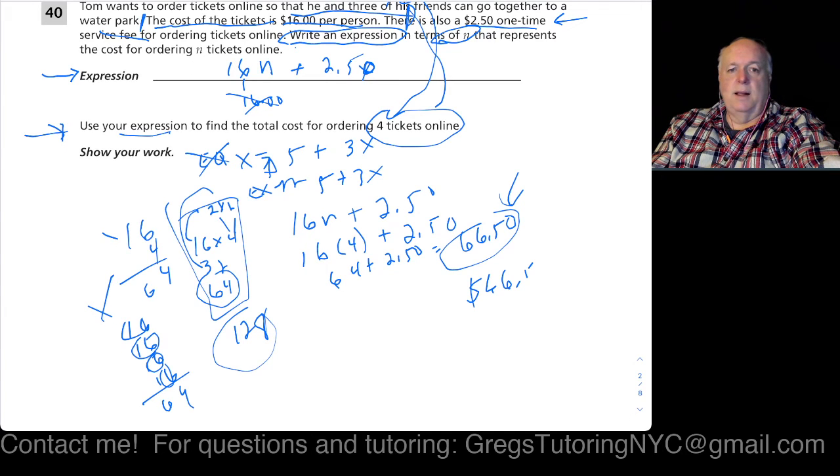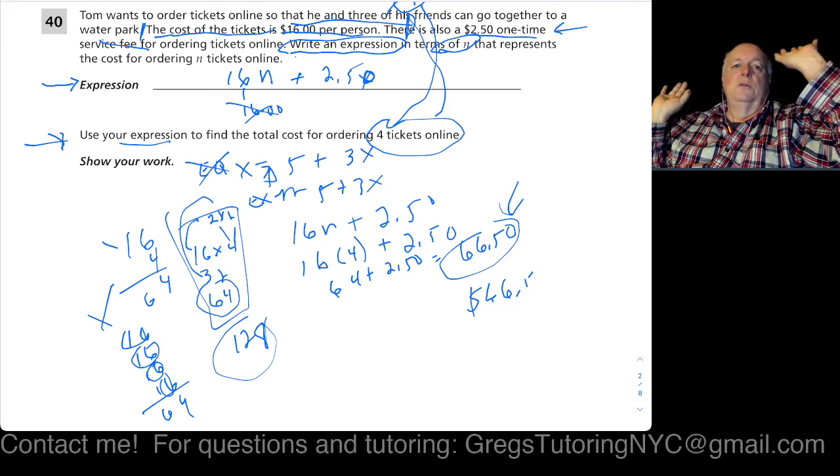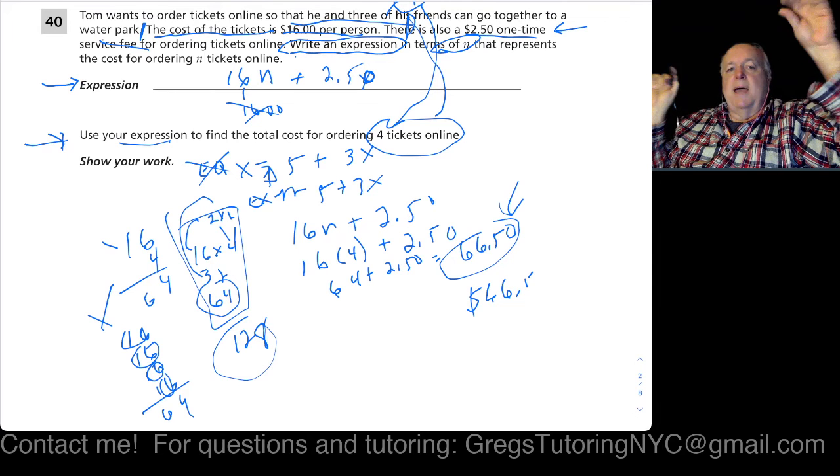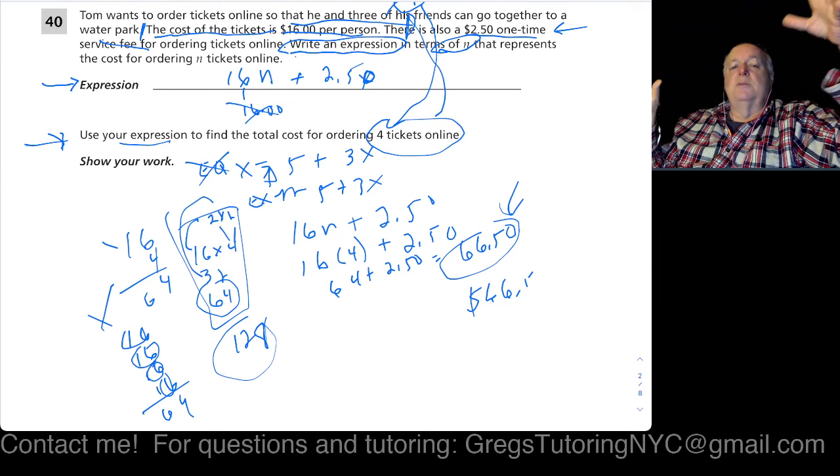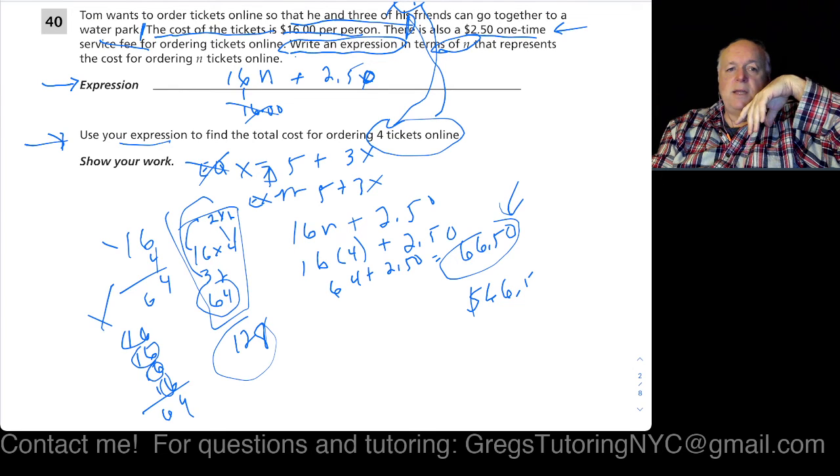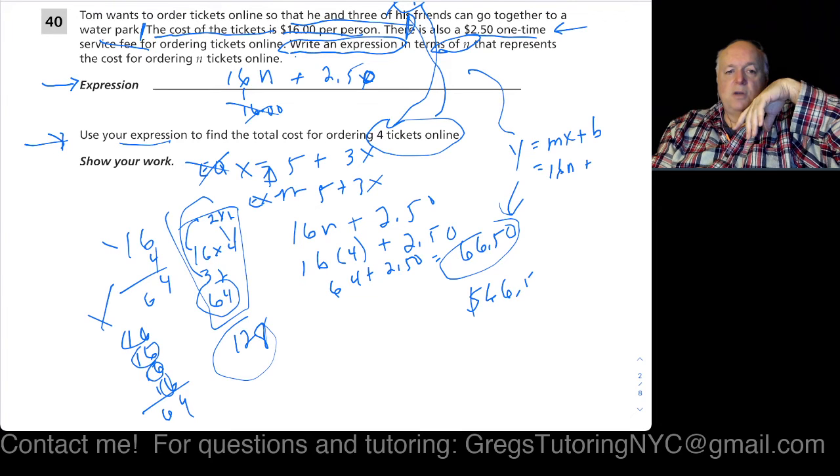What else could we say about this? This was about mapping the English to the math. This is definitely about algebra. It turns out that indirectly, this is actually the equation of a line. It takes the y equals mx plus b form, where the 16n is the x in that case, plus the 2.50. And we can actually go and graph this now.